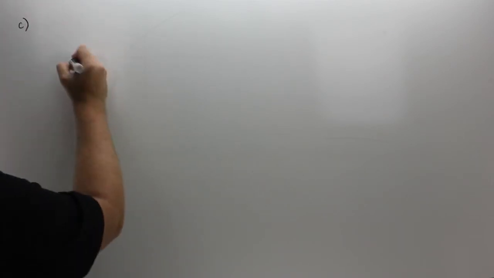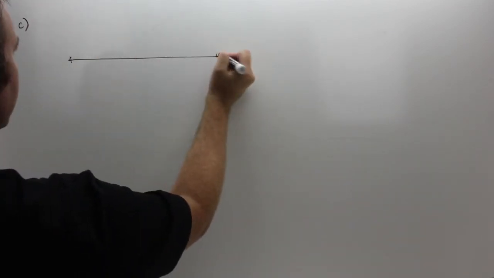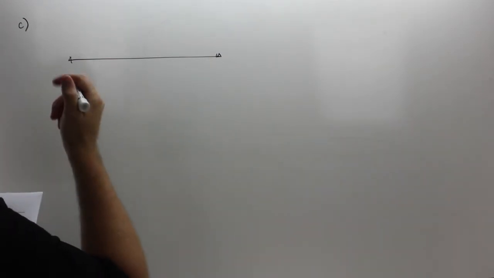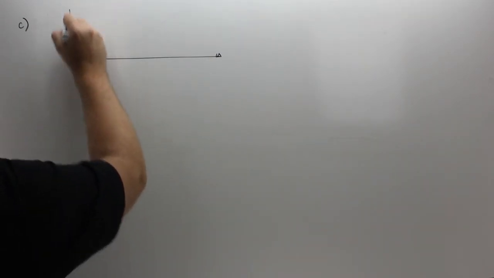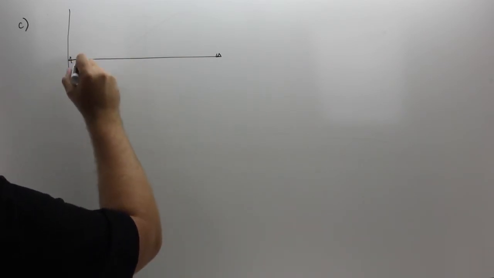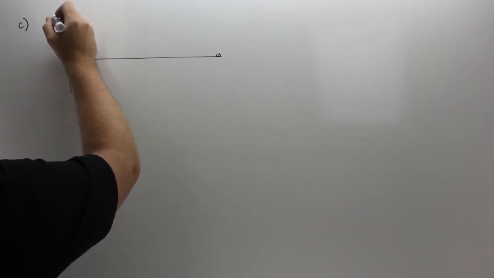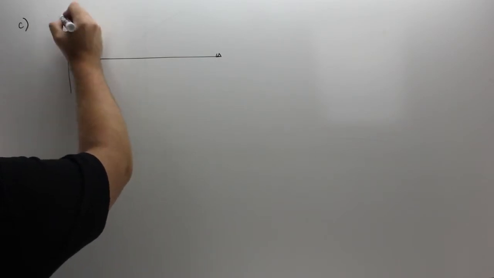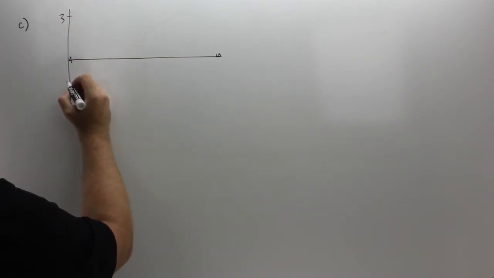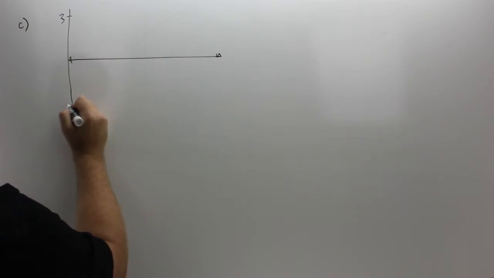Okay, so for C, we have what appears to be a sinusoidal function. We'll be getting into graphing these in unit 5 and 6. So this starts at 0, and then it works its way up to what appears to be about 3 and down to, we'll say, -2.